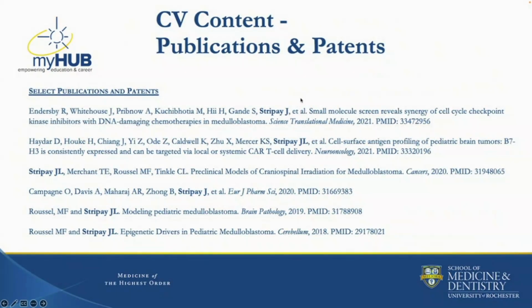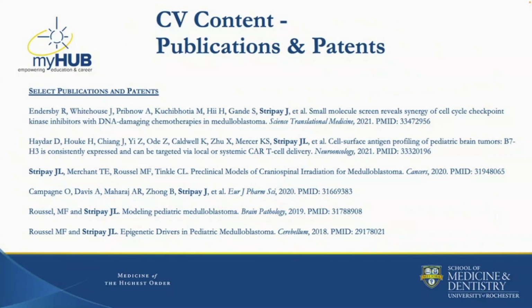Another important section could be on your CV is your publications and if you have any patents. And you want to use APA style or a consistent style to convey your publications and patents and presentations and even posters within your CV.